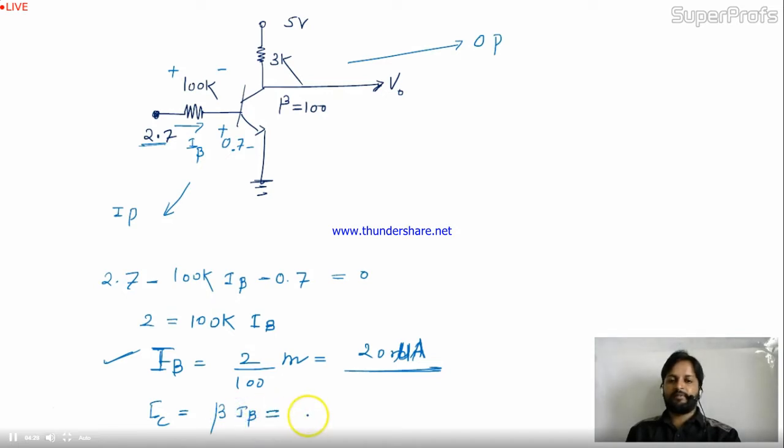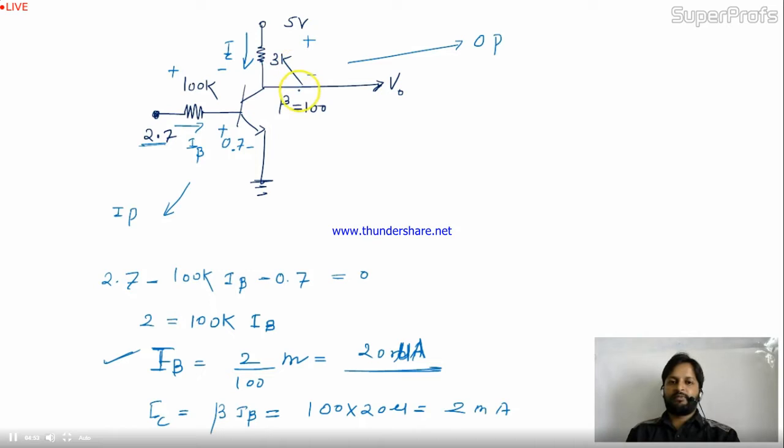If you remember this formula, beta is 100 into 20 micro, so your answer is 2 milliampere. Once IC is 2 milliampere, it flows in this circuit, and here I'll have a drop equal to 3K into 2 milli.